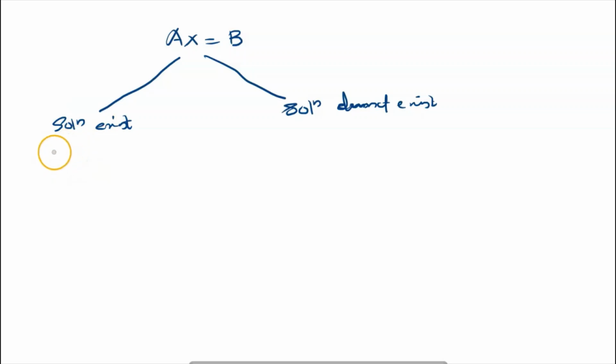If the system has a solution, we say that the system is consistent. And the other case is inconsistent. That means if a system of equations has a solution, then it is a consistent system, and otherwise it is inconsistent.